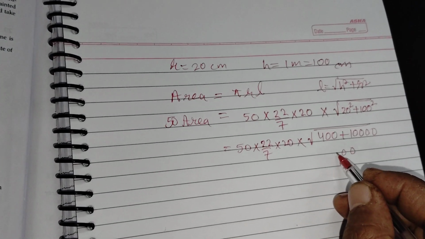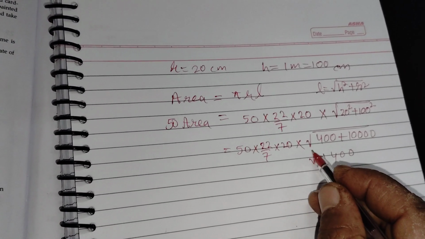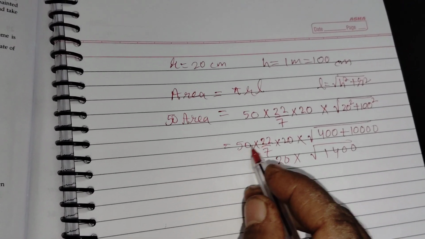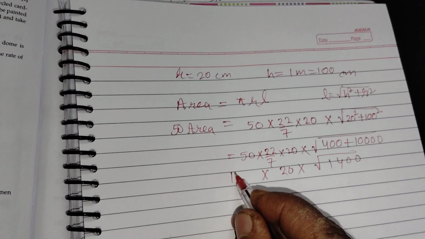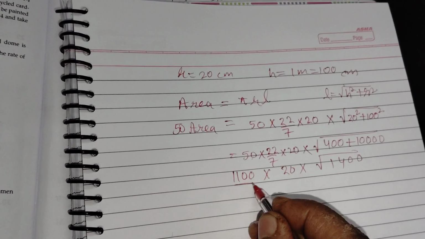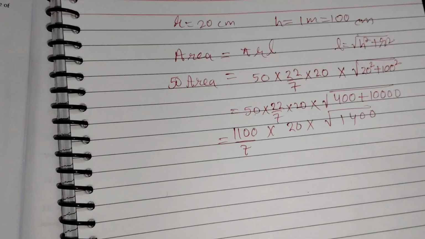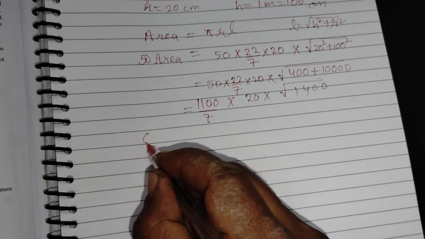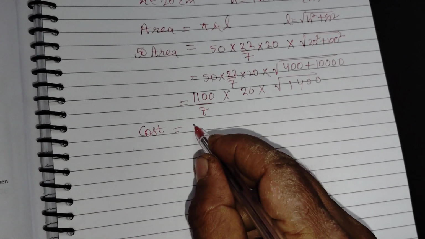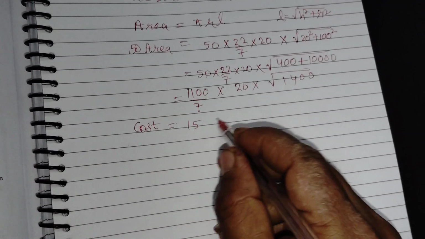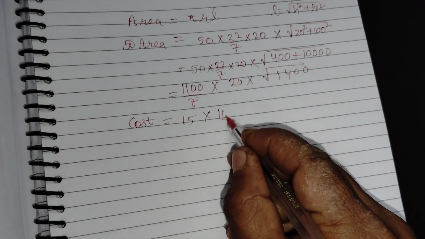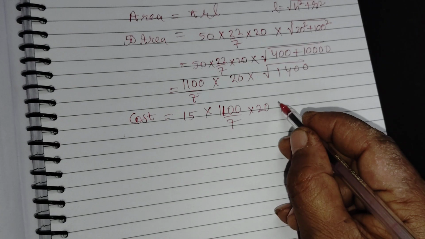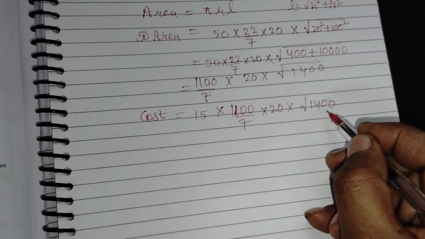So 10,400, which means under root 1400, into 20, and 22 into 50 is 1100, upon 7 we write here. And the cost of these 50 cones will be multiplying 15 per meter square with this area, above area 1100 upon 7 into 20 into under root 1400.